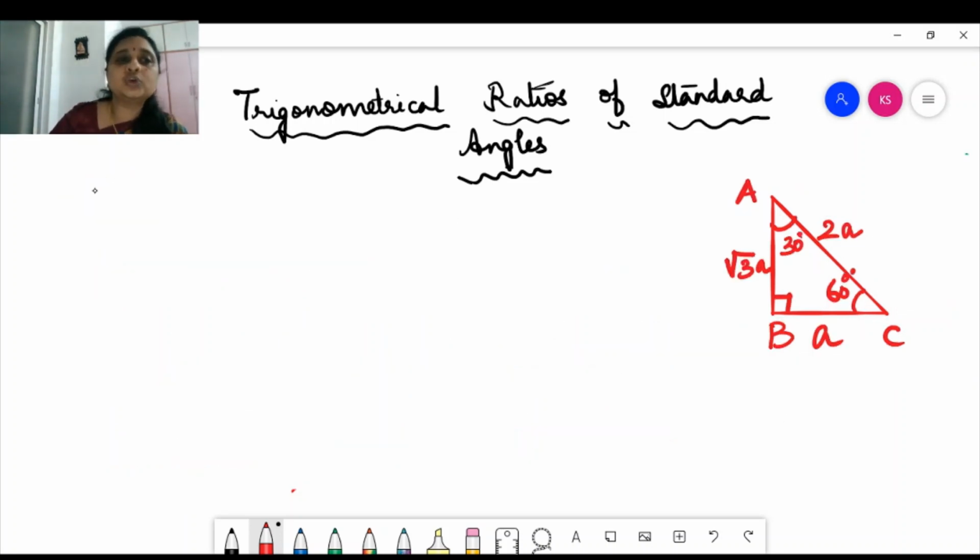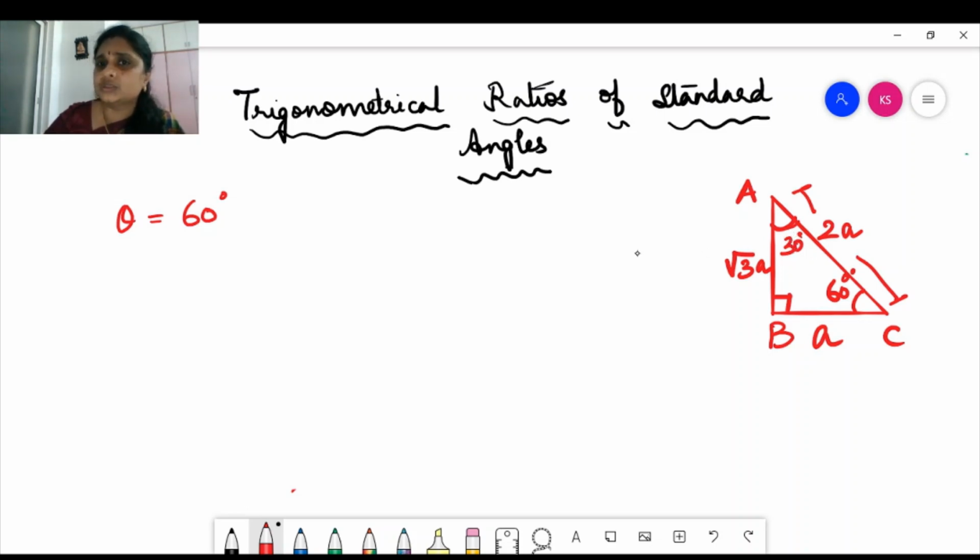Next, we are going to look into the standard angle value, that's theta equal to 60 degrees. I'm going back to the triangle that I constructed to find the 30-degree angle. It was an equilateral triangle. We took the measure of each side to be 2a and we constructed a perpendicular bisector that was an angle bisector, and we got 30 degrees there, right?